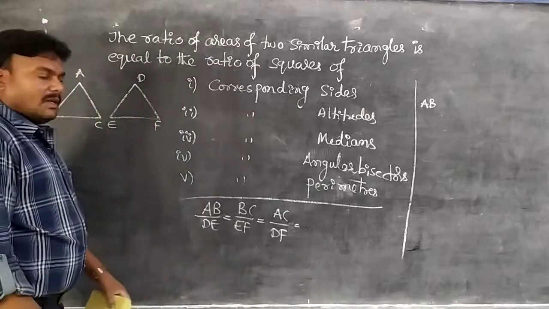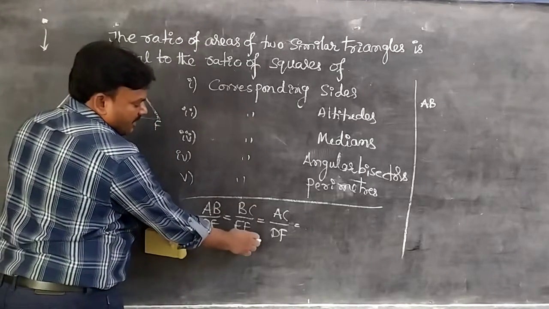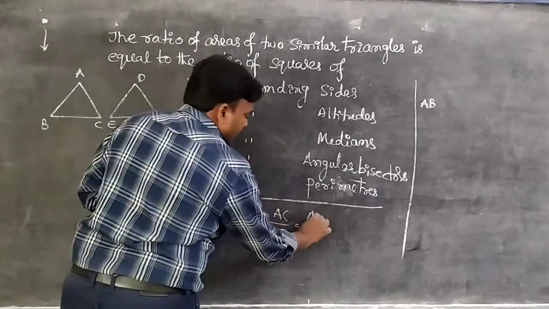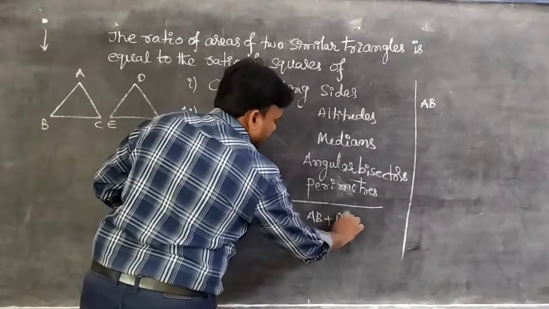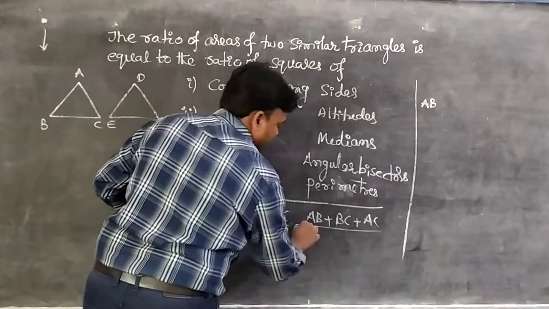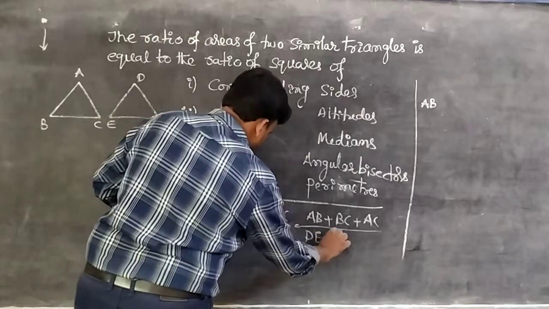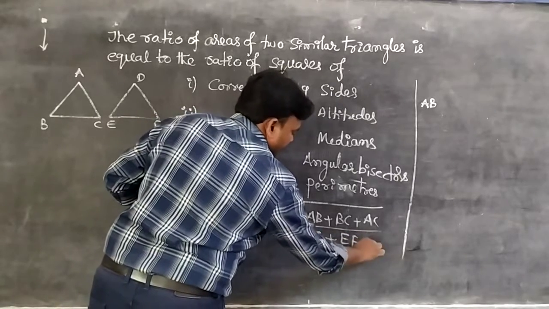Now adding the numerators and adding the denominators, that is AB plus BC plus AC by DE plus EF plus DF.